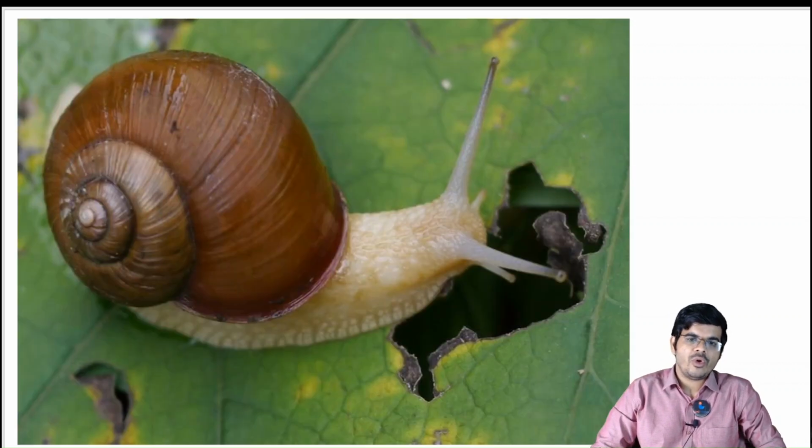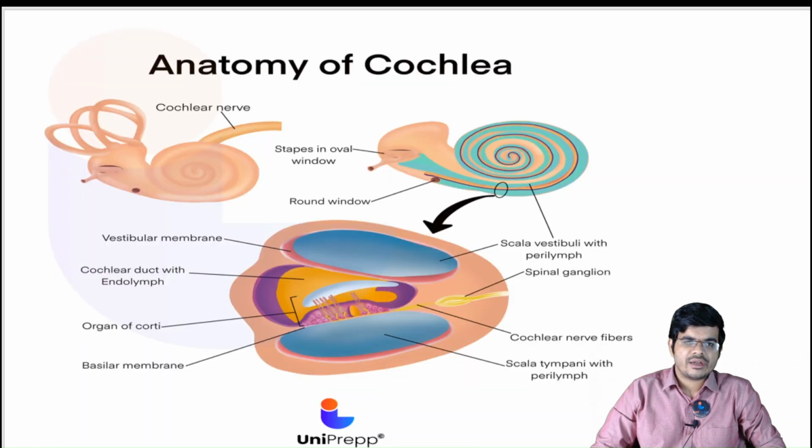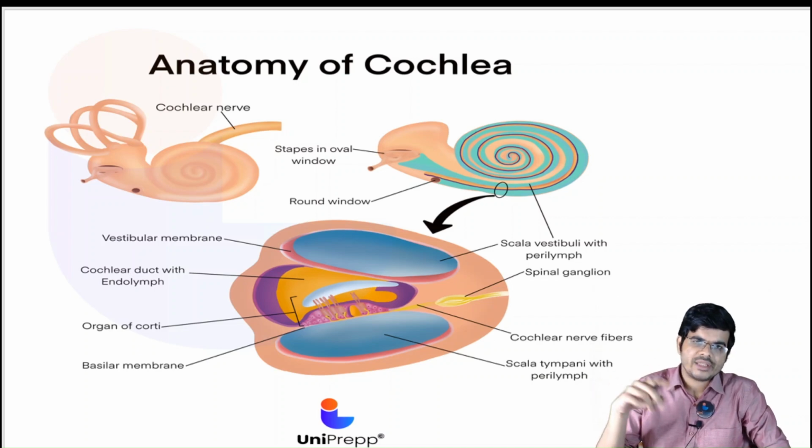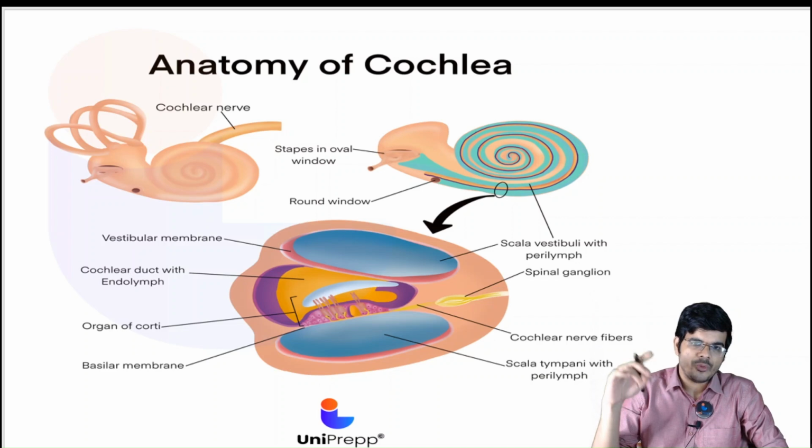Now you have the cochlea, which is shaped like a snail, right? Now how is this cochlea arranged? Cochlea is arranged just like this snail that you see here. Its shell you can see, right? Just like that. Here the cochlea is forming 2 and 3/4 or 2.5 turns around a central structure called the modiolus.